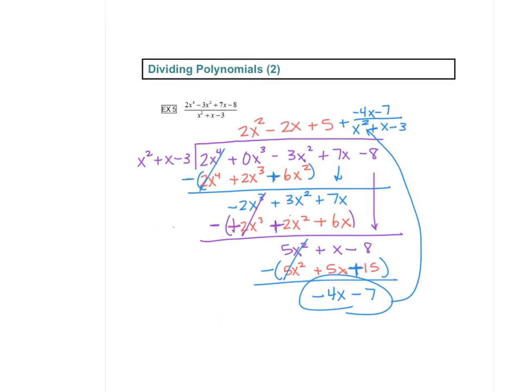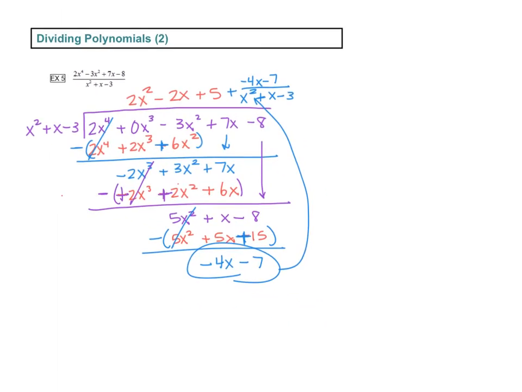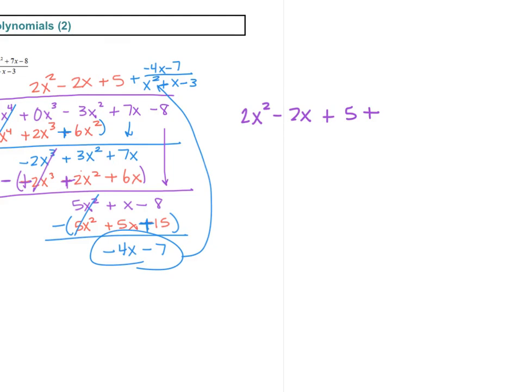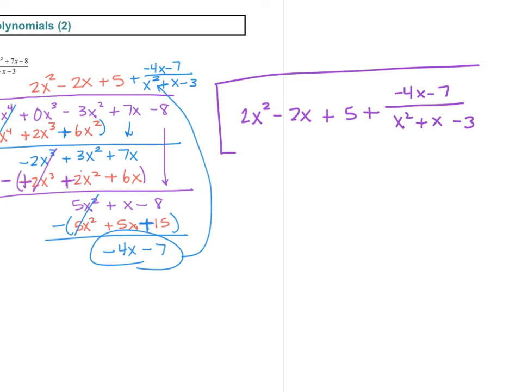But we're going to go ahead and write our final answer off to the side somewhere, separate from all of our work. Final answer is 2x squared minus 2x plus 5 plus our remainder, which is negative 4x minus 7 over x squared plus x minus 3. And even though it looks really complicated, that is our final answer.